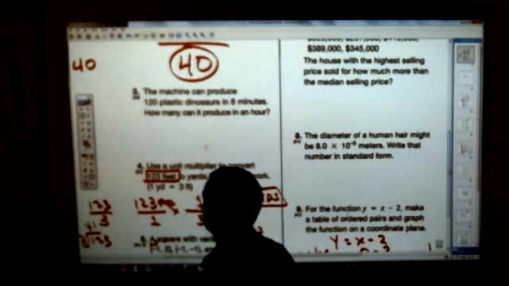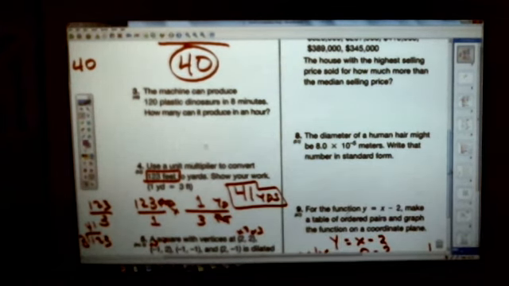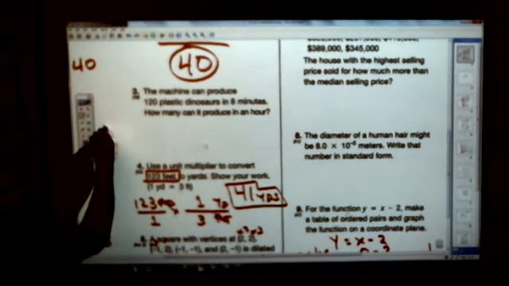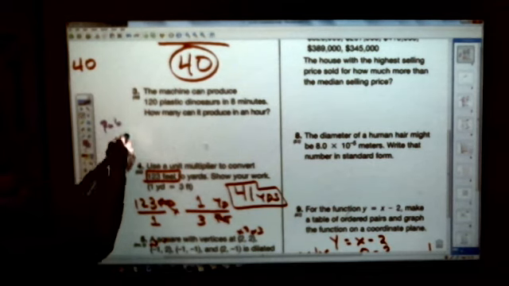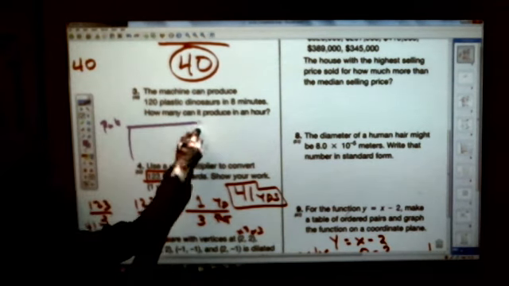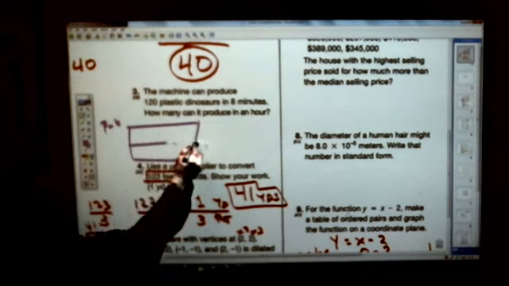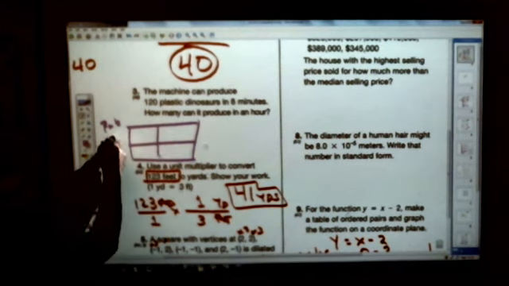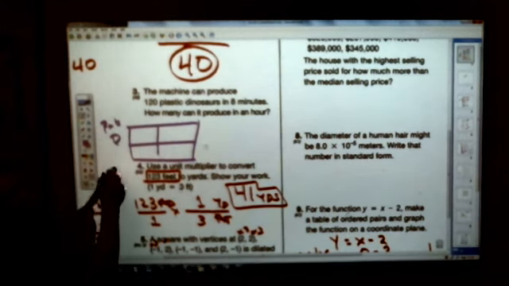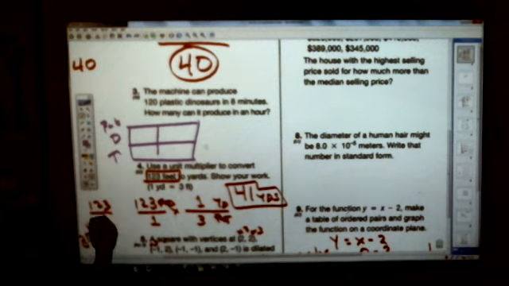The machine can produce 120 plastic dinosaurs in 8 minutes. How many can it produce in an hour? There's more than one way to do this, so if you did a different way, that is fine. But this is really a ratio problem. You are comparing the number of plastic dinosaurs something can make per the amount of time it takes.